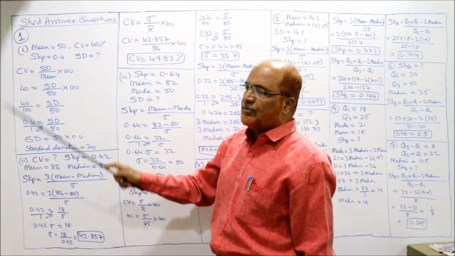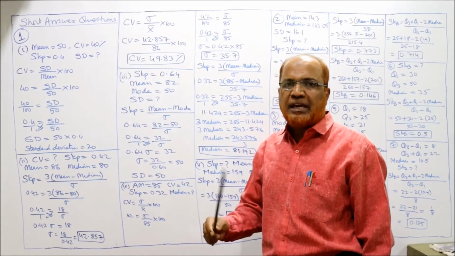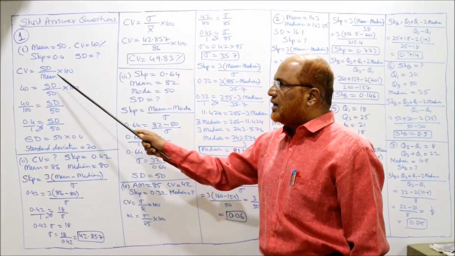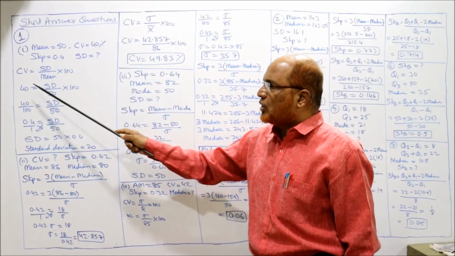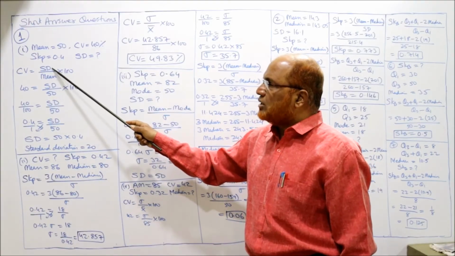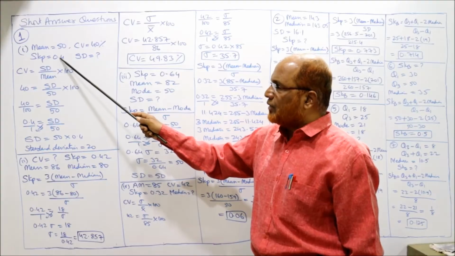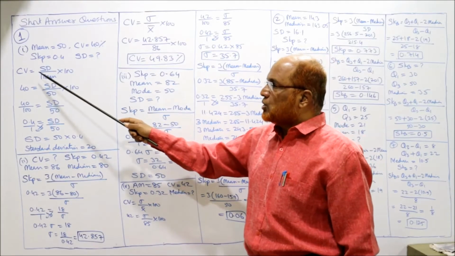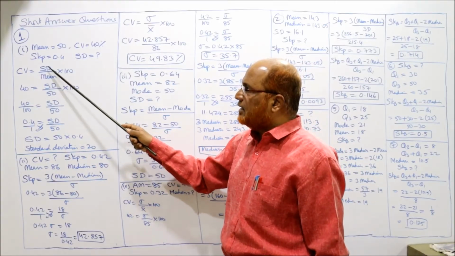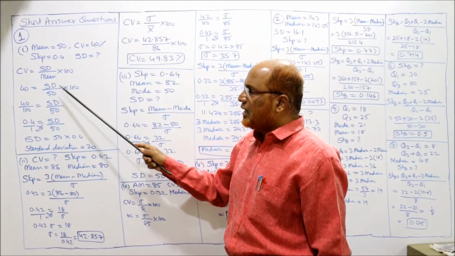Now we know the formula of CV, coefficient of variation is equal to standard deviation by mean into 100. This is the formula for CV. CV is given in the problem, 40. SKP is given 0.4. Standard deviation we don't have, we have to calculate it. So CV, we take 40, standard deviation we have to find out, and mean value is 50 into 100.